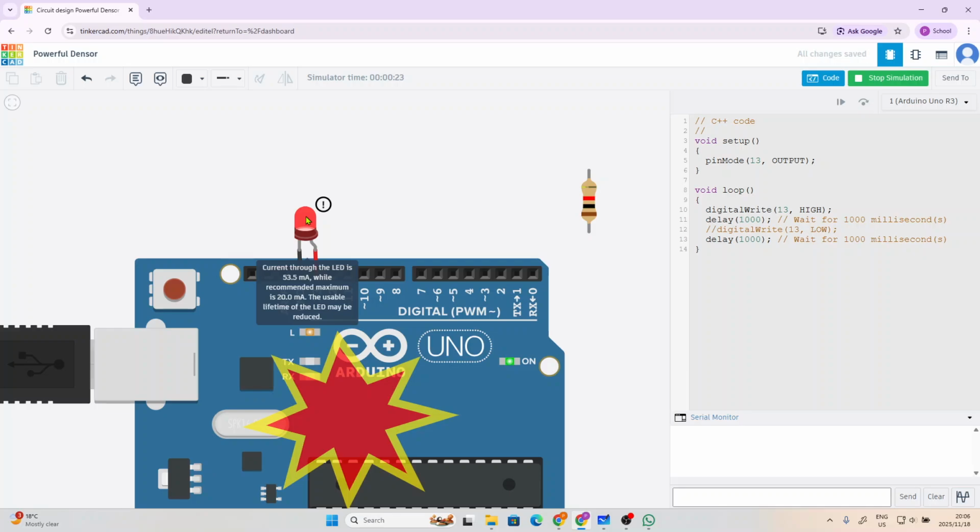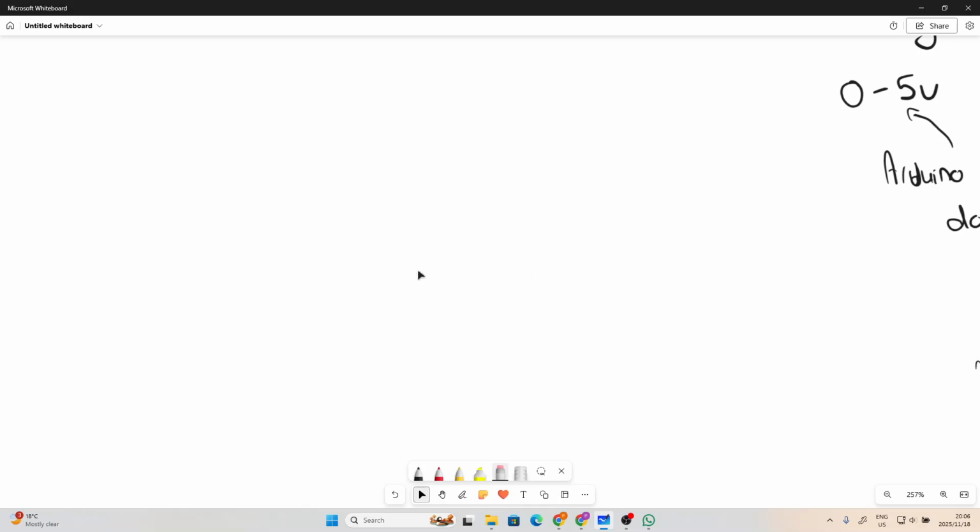However, for an LED, we can only use 20 milliamps. Now, using the basic formulas I've just taught you, knowing there's around 5 volts going through here, and currently we are at 53.5 milliamps, but we want to get it down to 20 milliamps. What size resistor are we going to use?